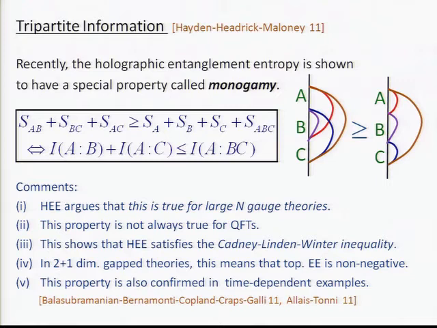If we forget about this AC, with slightly changed notation, AB means A plus B, B plus C, and A plus C, and this is the mutual information between A and B and A and C. If we forget about this, it is just equivalent to strong subadditivity. That means this inequality is more powerful than strong subadditivity and independent from it.